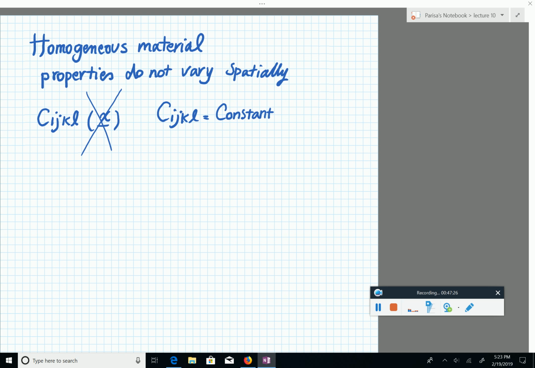Do any of you work with any kind of other materials which is not considered homogeneous? At different location, or is it at different direction? Okay. Perfect. Exactly.